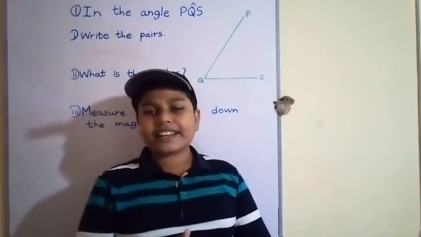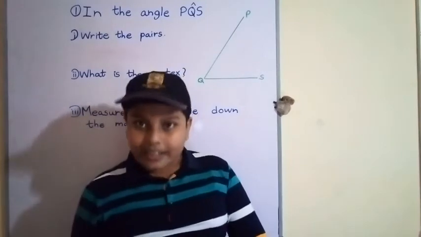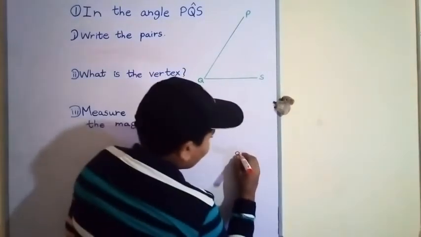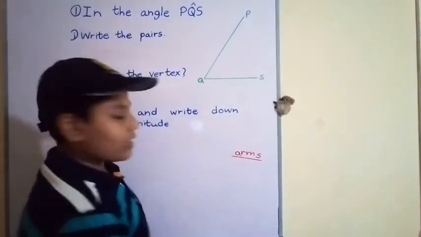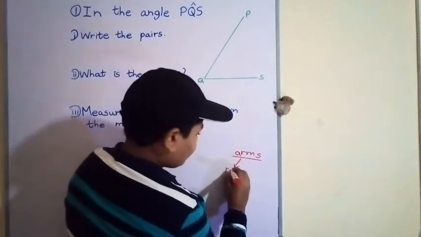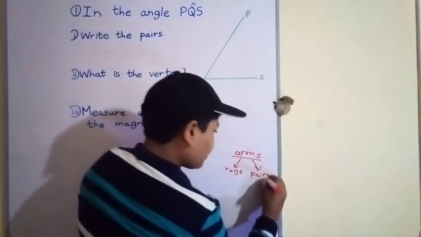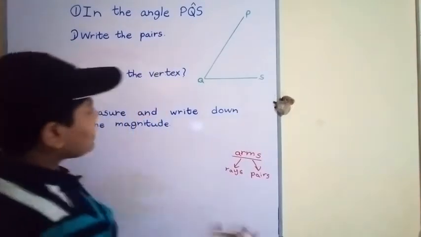In the last video I explained the pairs, what the rays are. These are all called arms, the arms of the angle.